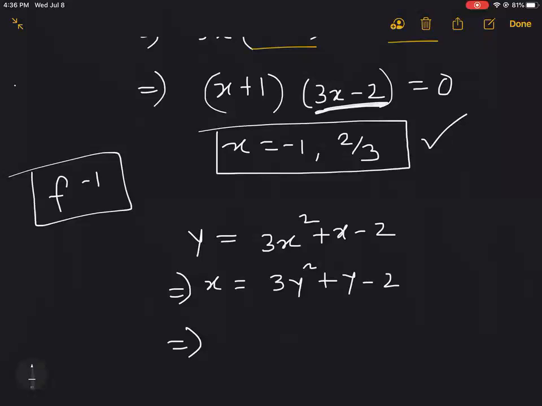Anyone? What should we do? What's the general idea if you're trying to find the inverse? Solve for y. Very good.